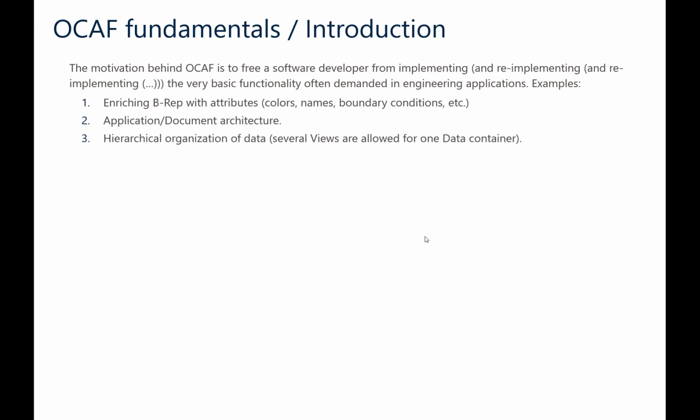It is typical for engineering application to organize your data in a hierarchical fashion. Like you put all your data chunks in a tree, and you might think that it's sort of very restrictive, but actually it's not.